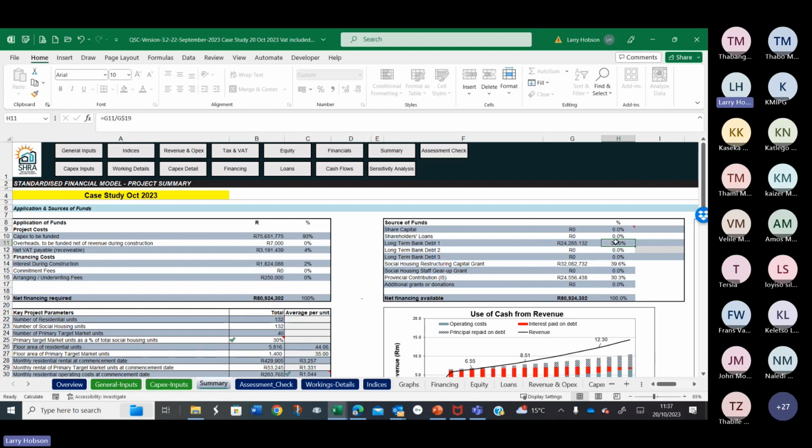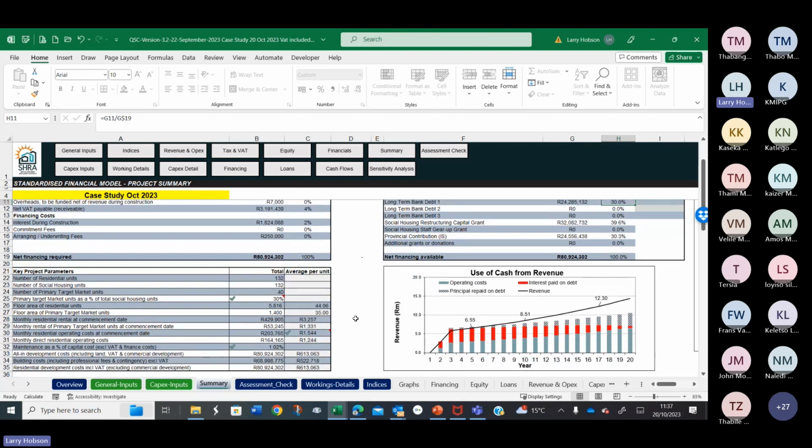That breakdown doesn't mean much. We don't even measure it because the important factor on the amount of debt you've taken is whether you can repay it. And that's the debt service cover ratio. We'll get there. Let's go down the table. We're meeting our primary target market as we always were. Our operating costs are the same.